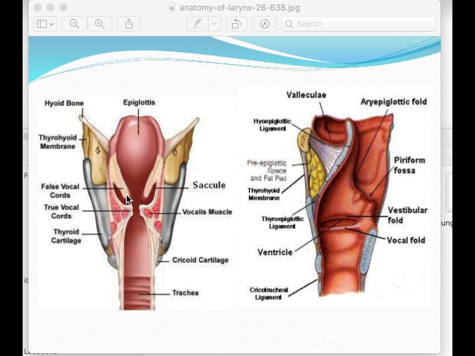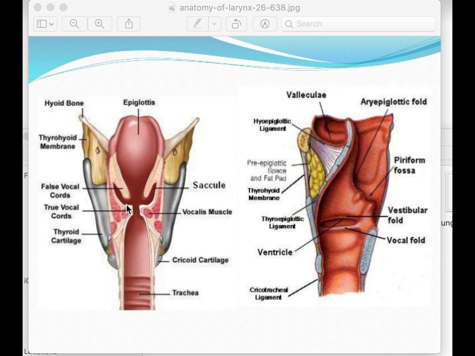ligament. So the vestibular ligaments and folds are otherwise known as the false vocal cords, and their purpose is to protect the true vocal cords, which are a little bit deeper. And the true vocal cord is the ligament, so the ligament itself, we usually call them the cord, but the ligament itself is the vocal ligament, and then it is also covered by a membrane, and it becomes the vocal fold.